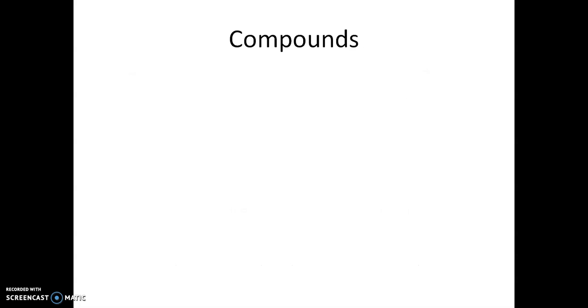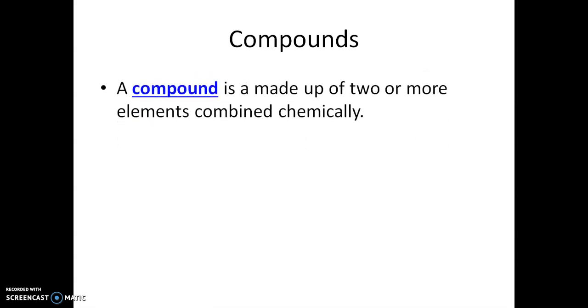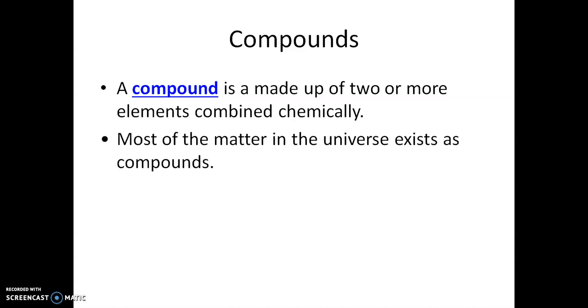All right, now compounds are when you take two or more of those elements and combine them chemically. So a compound is a mixture of elements, but it is a chemical mixture. Okay? Most of matter in the universe exists as compounds. So you never walk around and just find gold sitting on the ground.